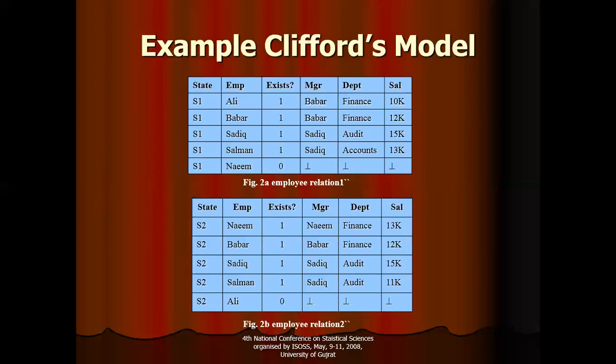Whenever we update that relation, according to Clifford, we always have a new relation with new states. For example, in the second relation, S2, he represented the facts with state 2.